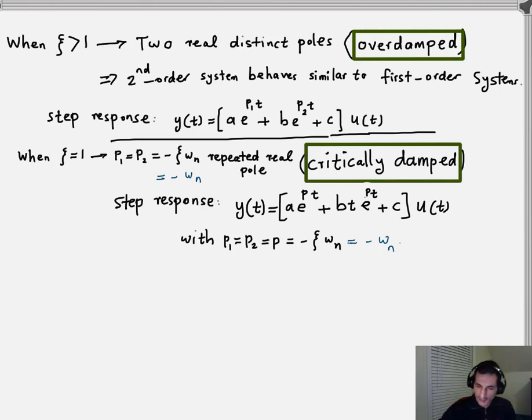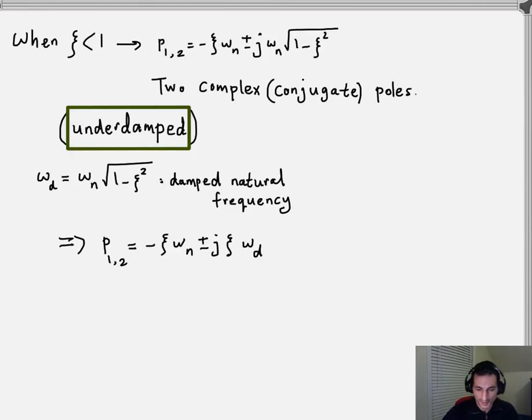And then the final case is when the value of zeta, the damping ratio, is less than 1. In which case you have two poles, negative zeta omega n plus minus omega n multiplied by the square root of zeta squared minus 1. Since zeta is less than 1, I'm going to rewrite zeta squared minus 1 as negative 1 times 1 minus zeta squared.